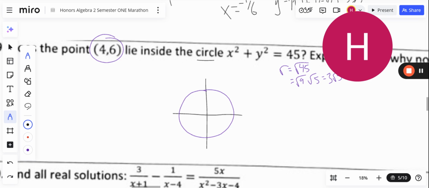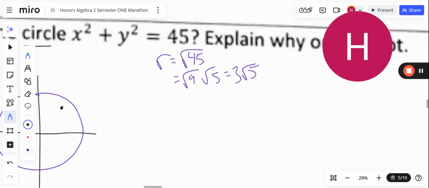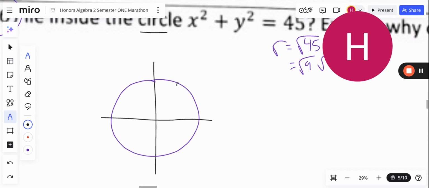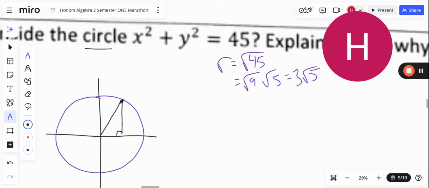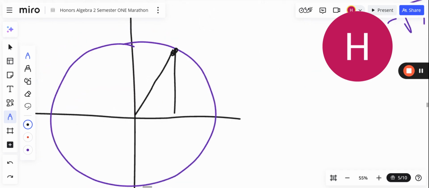Well, one way we can check is we can see the distance, because maybe 3 square root 5 is not obvious what its value is. But we can check 4, 6 and check the distance by using the distance formula. And we will see if that distance is bigger or smaller than square root 45. I drew it kind of perfectly on the circle, but we don't really know exactly where it is.